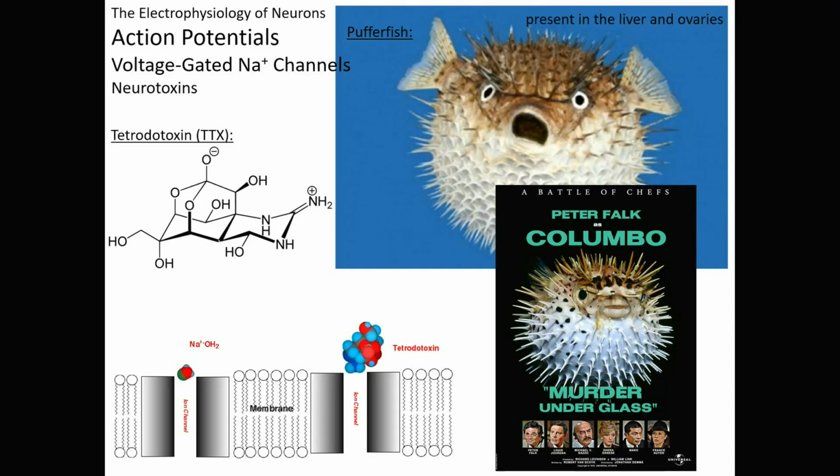There was an episode, so it's a typical kind of detective show, and they had this one episode in one of their seasons where they had this really hoity-toity chef who was being blackmailed by some people, basically murdered them by extracting tetrodotoxin from the pufferfish and injecting it into their wine. He thought he was going to be clever and get away with it because who's going to know about this? And of course, as you can imagine, he gets caught by this really intelligent detective who outwits him. So anyways, pufferfish, big things in pop culture.